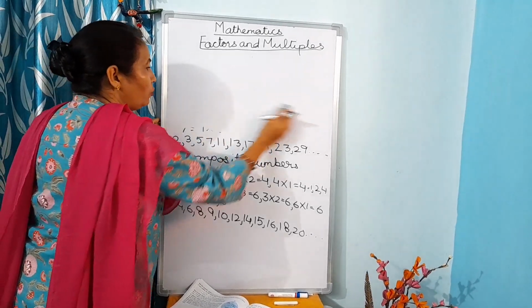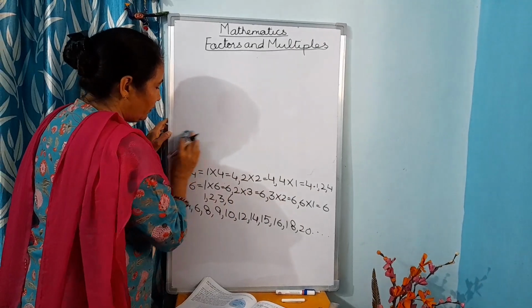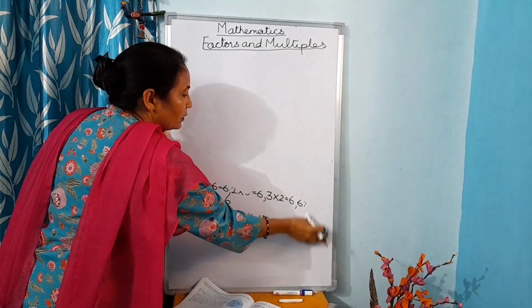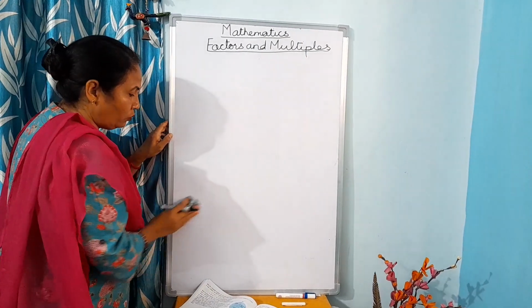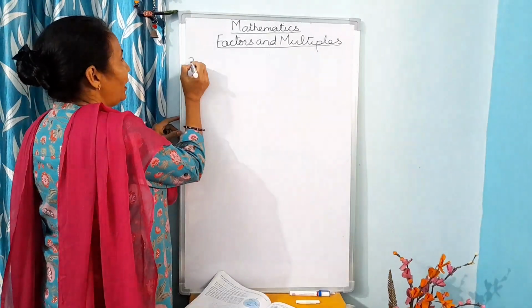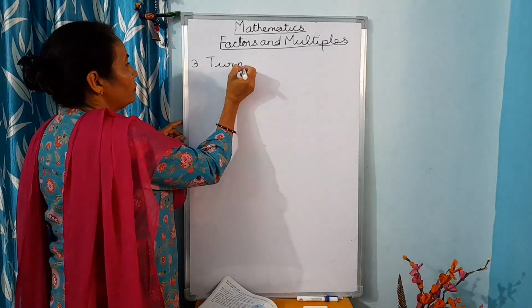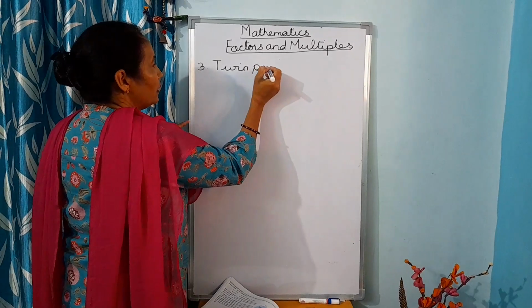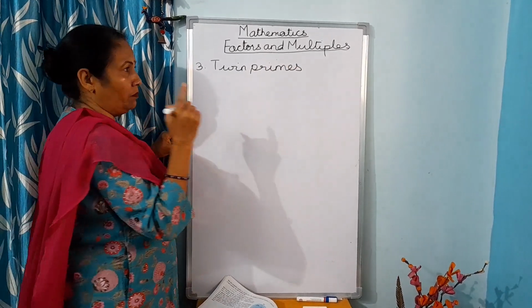Twin children, you know that they are just one after the other. So there is a difference of 2. Difference means when you subtract those two numbers, you will see that the difference is 2. Twin primes, and those twin numbers are prime numbers.